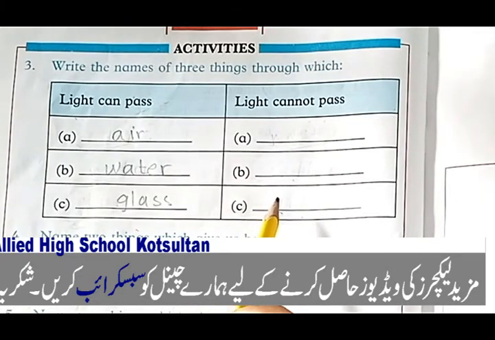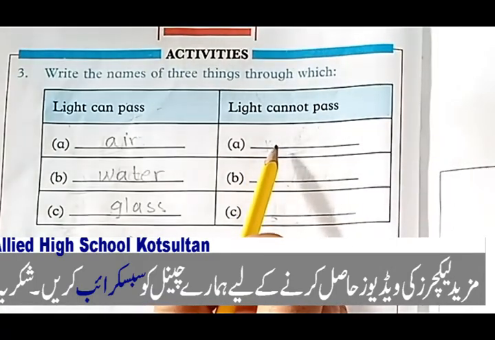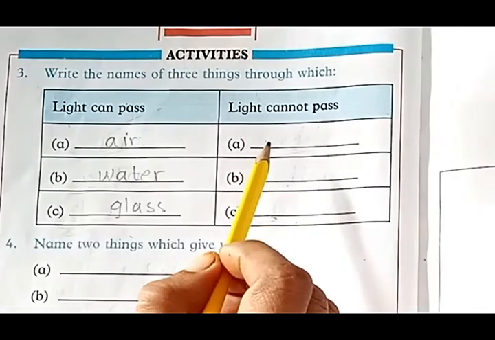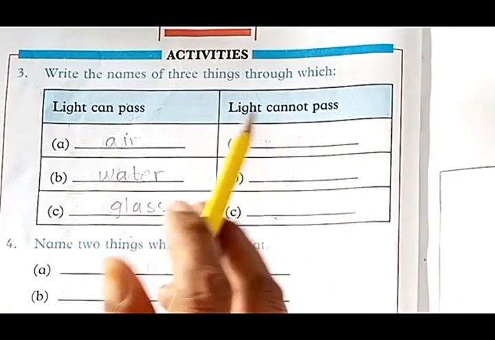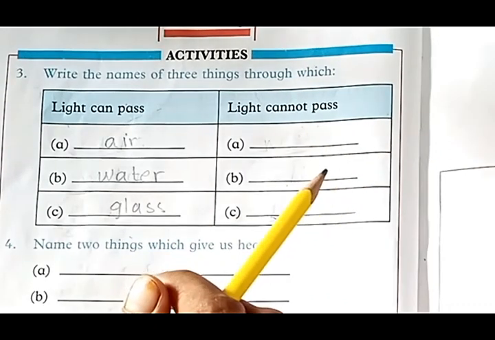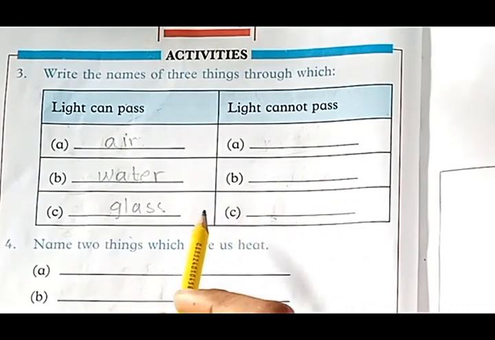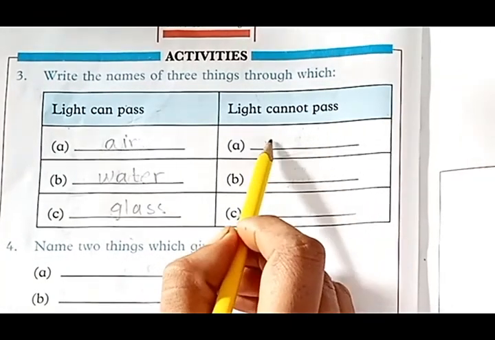Okay, another one, we have this column we need to fill. We need to write the names of the things through which light cannot pass. Alright, so the first one would be, if you take a light or a torch and hold it in front of a wooden box or cardboard, will the light pass? Just imagine. No, the light cannot pass through the cardboard.